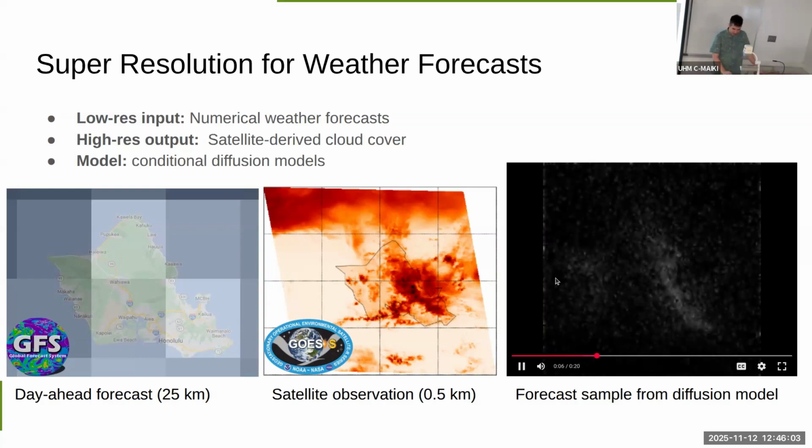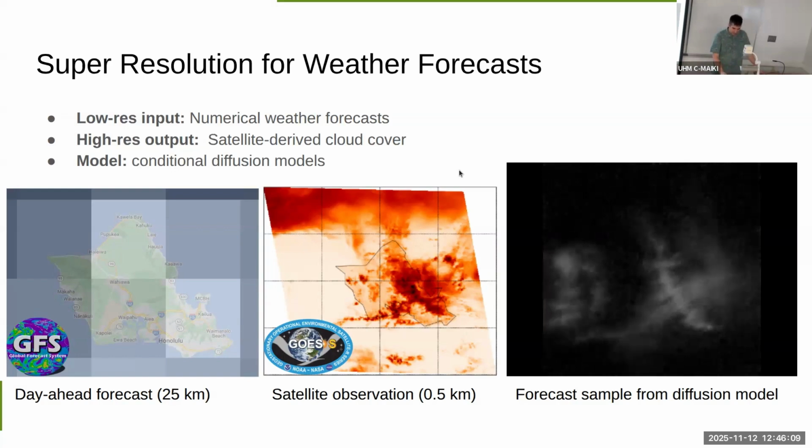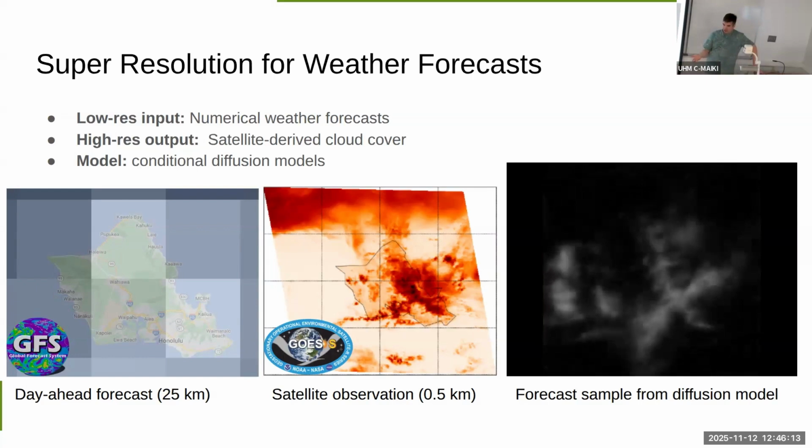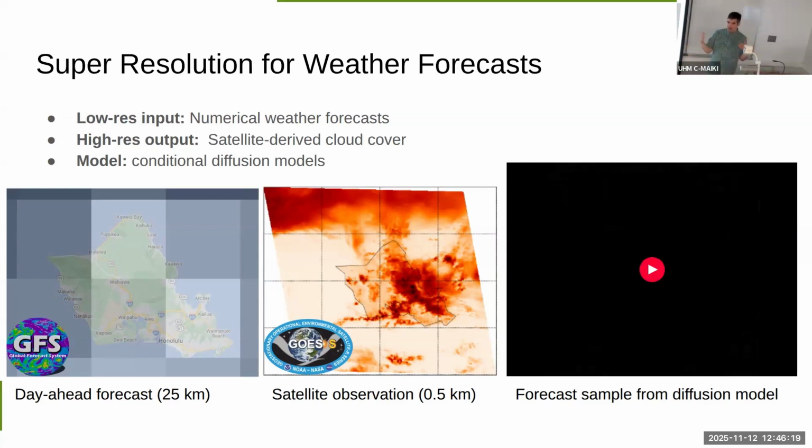This is the data generation method, like how it looks like. And we can generate 1,000 samples, and then we can compute statistics over that, such as what is the probability that all the solar plants on the island are covered by clouds at the same time, which would cause a huge spike in energy.